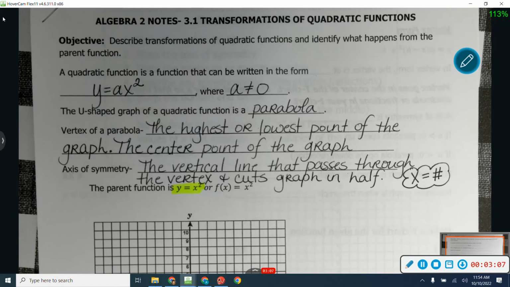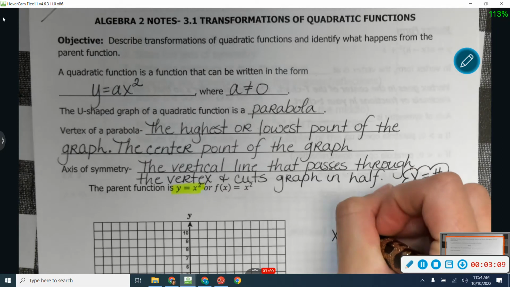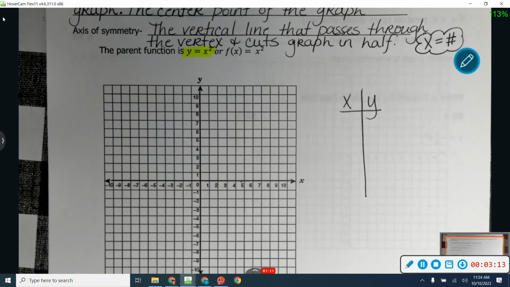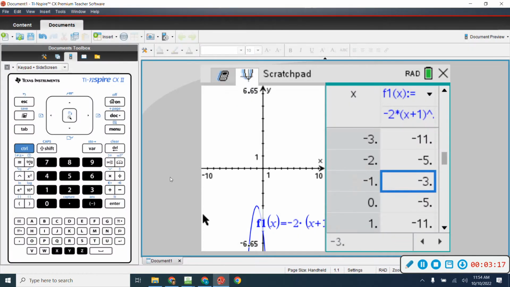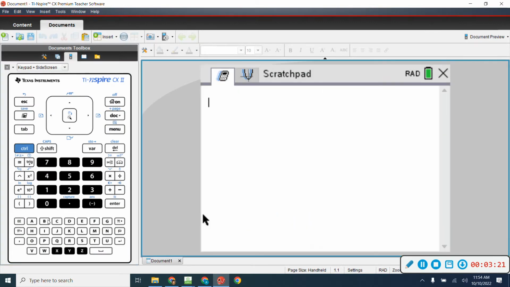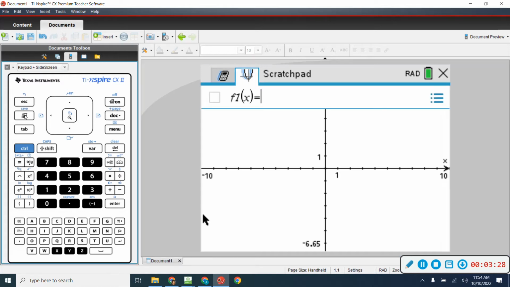Okay. So to start with the table for your parent function, we're going to go to our calculator, which hopefully should be cleared. If it's not, just Doc B it. If you're in your scratch pad, if you hit that calculator button one more time, that gets you to the graph that you need.